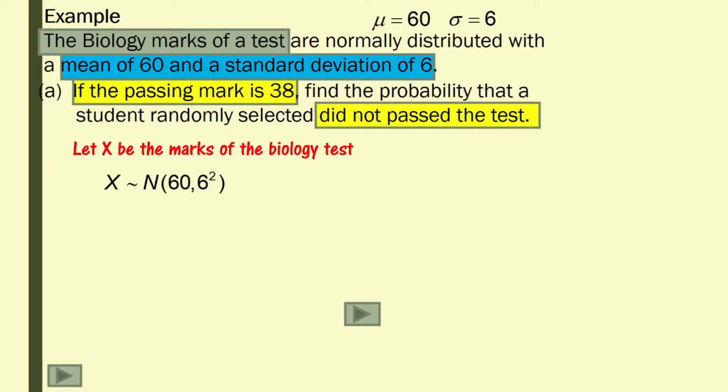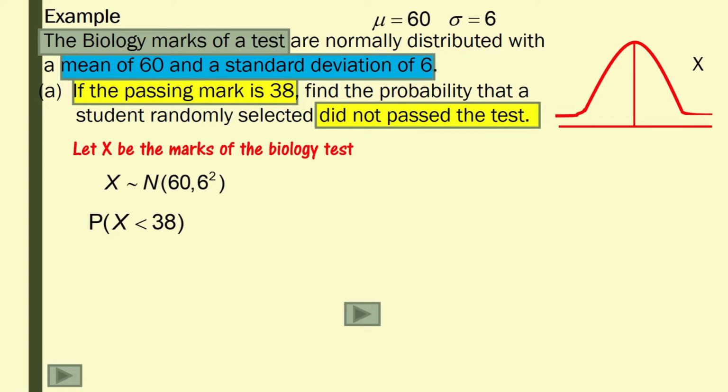So we can write P(X < 38) and draw a picture for this question. This is the X distribution with mean 60 and standard deviation 6. We draw 38 and sketch the area where X is less than 38, and then we change to the standard normal distribution.